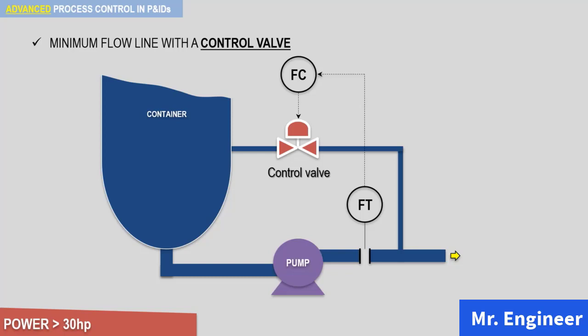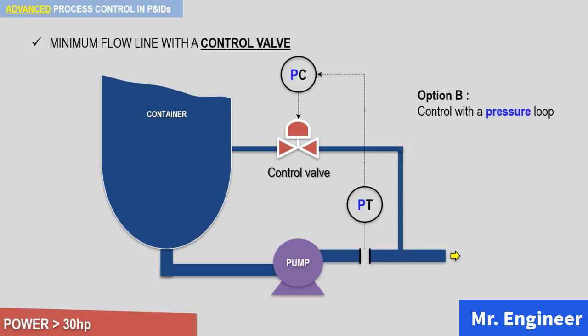This is the most complicated, most expensive option, but it is the most common method of controlling minimum flow in centrifugal pumps that you will see on your PNIDs. This type of control can be done with at least 2 different arrangements, with a flow loop, as seen here, or with a pressure loop. We have the option of controlling by flow sensor or by pressure sensor. Usually, we go with the flow loop.